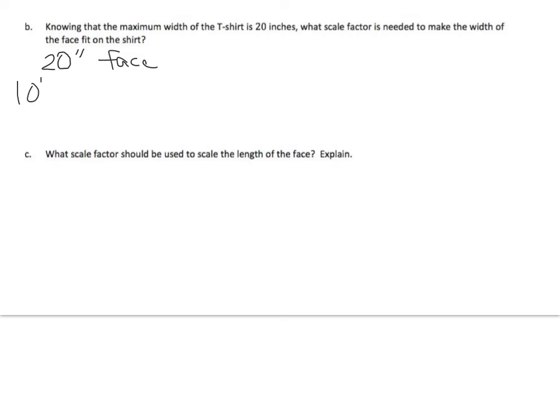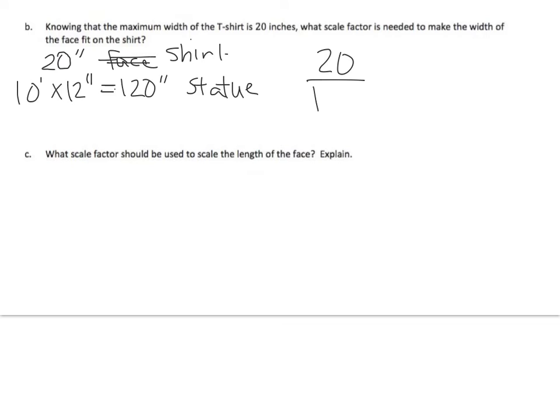So 10 feet times 12 inches in a foot gives us 120 inches for the actual statue. This would be 20 inches for the shirt. So the scale factor, I think it would be safe to say, is 20 over 120. And if I reduce that, it would just be 1/6.